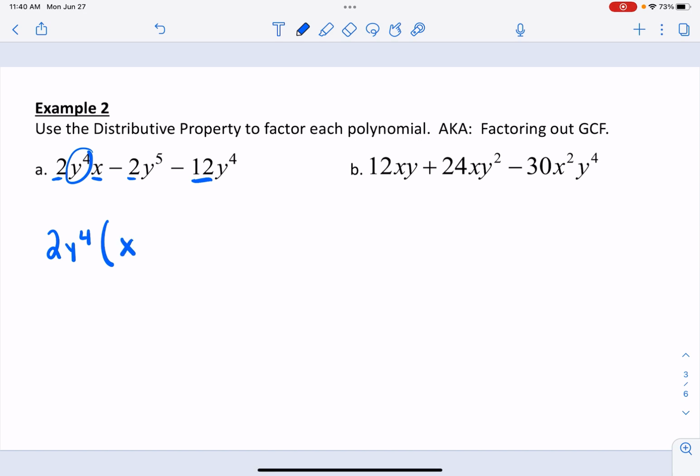An x, because I factored out both of these pieces. I factored out the 2. I factored out 4 of those y to the 5th, so I have 1 left. And then minus, when we're factoring things out, we're really dividing each term by that number. So if I have 12 divided by 2, that's a 6, or 2 times 6 is going to get me back 12. Y to the 4th, I've already factored that out. So that's what that one is.